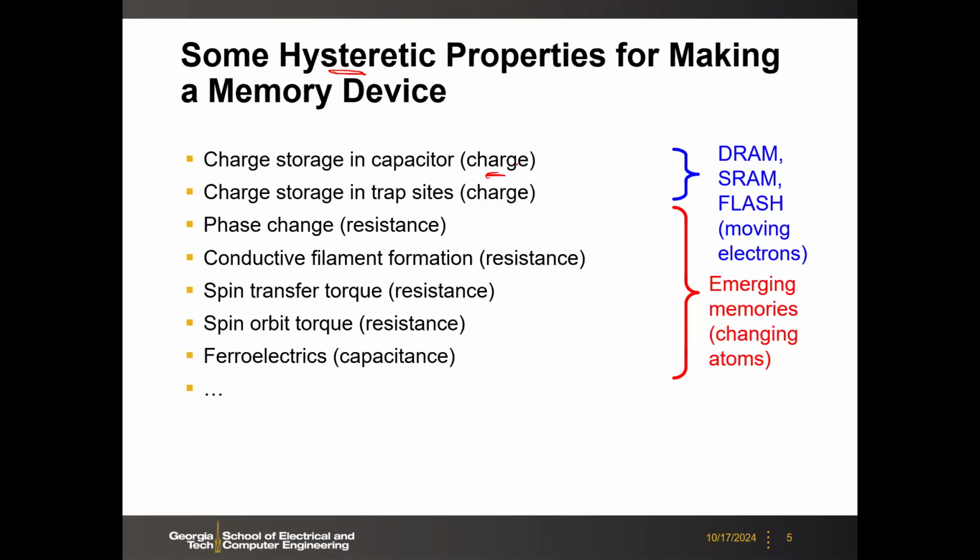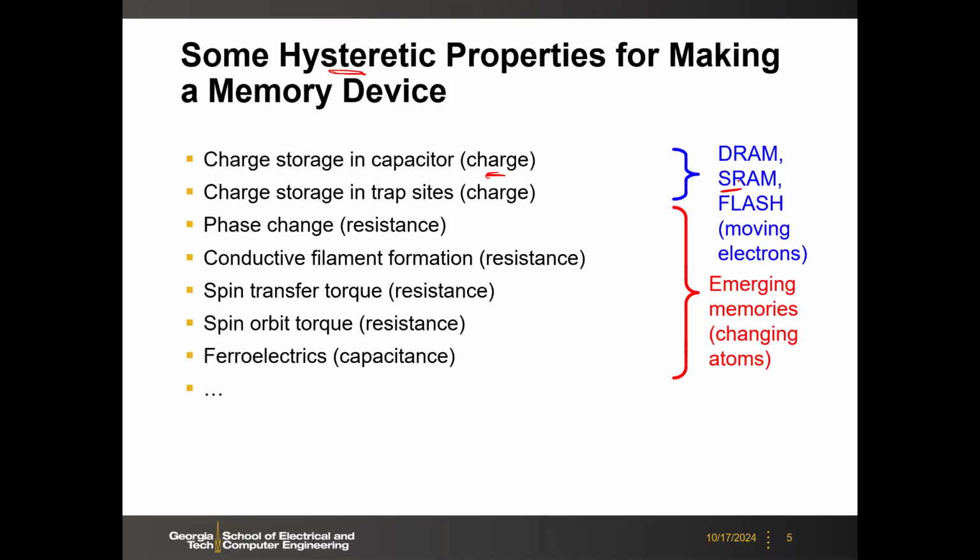For example, your DRAM has the charges on the capacitor, right? That capacitor is external, it's what you fabricate. But even for SRAM, the information is stored as a charge because you have the coupled latch. Essentially, the parasitic capacitance to that storage node, your Q and Q bar, you have the junction capacitance and then the gate overlap capacitance.